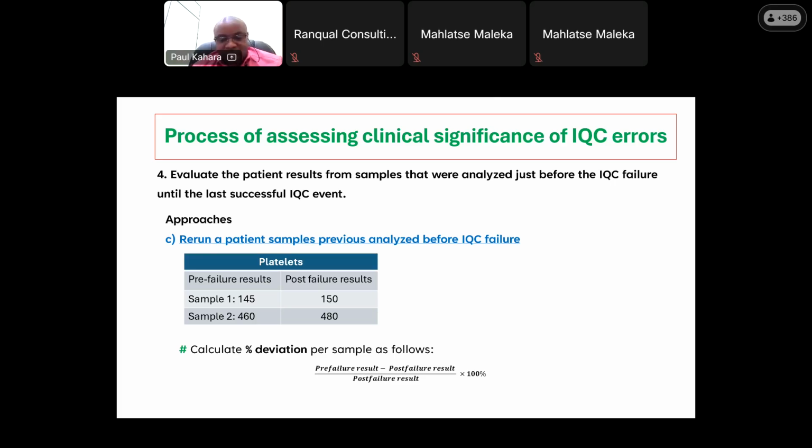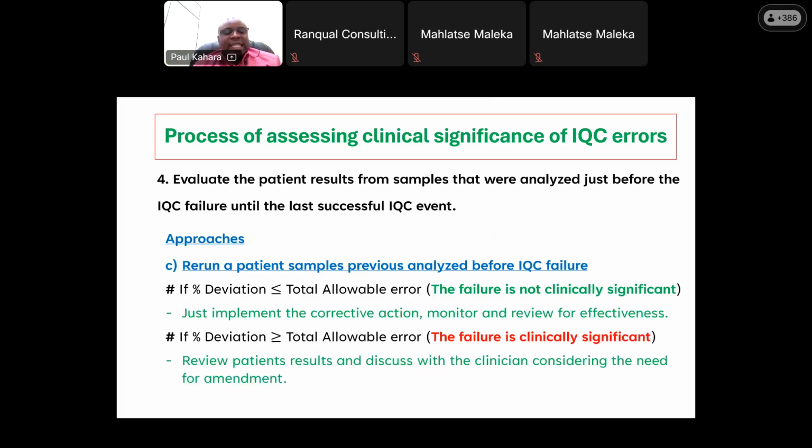Then whatever result you get, you divide by what you are getting now, because you believe what you are getting now is correct because you have already corrected your IQC, and then multiply that by 100%. Now, again, if the percentage deviation is still less than the total allowable error, then we will say it is okay, the IQC failed, but the failure was not clinically significant.